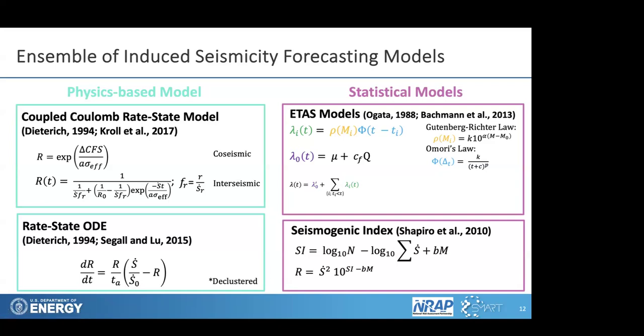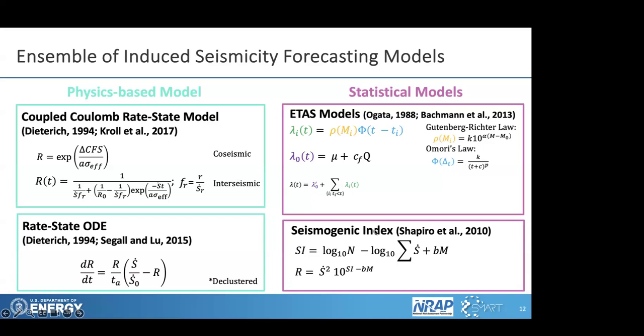And then there's a relatively new implementation of the traditional rate and state equations that applies to declustered catalogs, which means that this is applicable in the interseismic period because we're taking out all of the co-seismic impacts on the rate change.